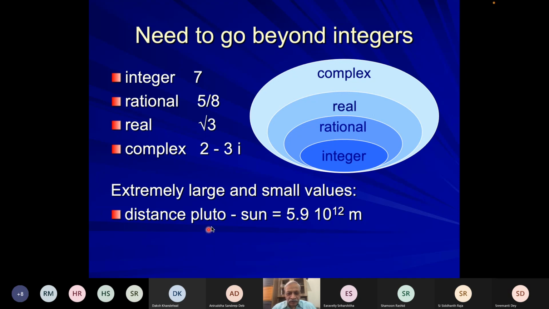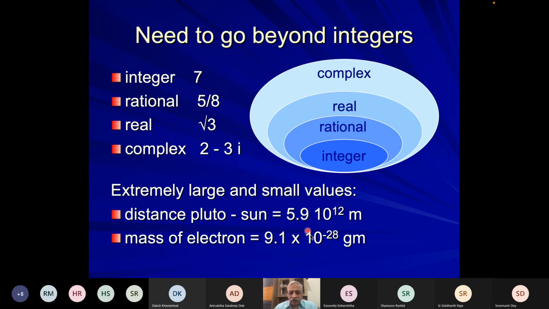For example, when you talk of large distances, you would say something like 5.9 times 10 to the power 12 meters is the distance between Pluto and Sun. It is this ability to have a power of some base specified which allows you to look at very large numbers. And in the other direction, if you have very small numbers, you would have a base with a negative power.